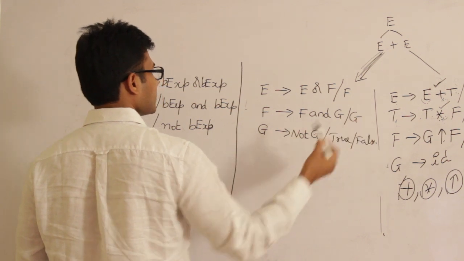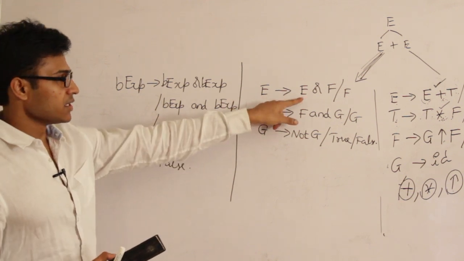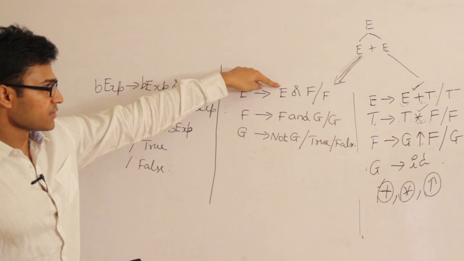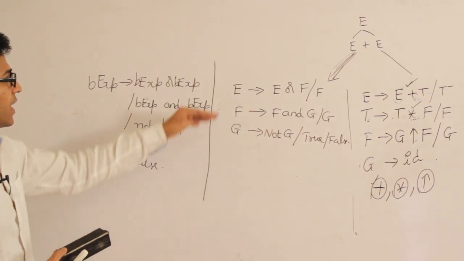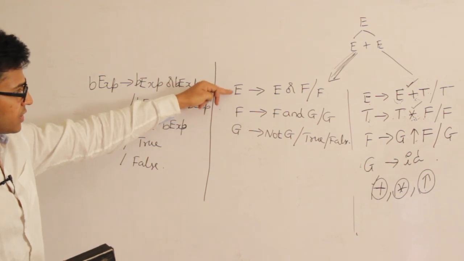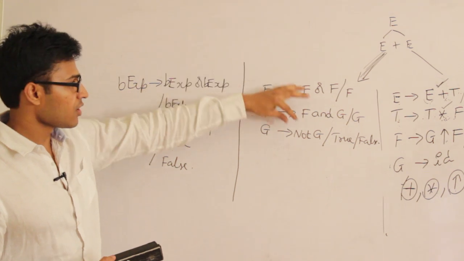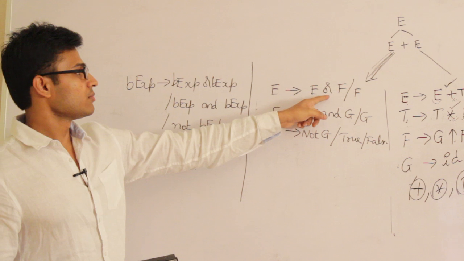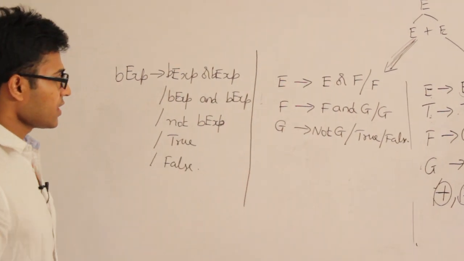By writing like this, first thing is we have followed the associativity rule, which is left associative. That is why we define it as left recursive. And second thing is we have followed the rule that the highest precedence operator should be farthest away from the start symbol. Since the start symbol is E, I am putting not at the farthest position, and then the lowest precedence should be closest to the start symbol. Therefore this grammar is unambiguous.